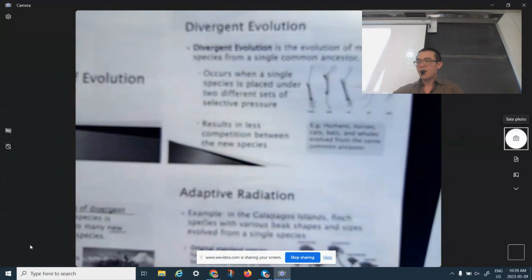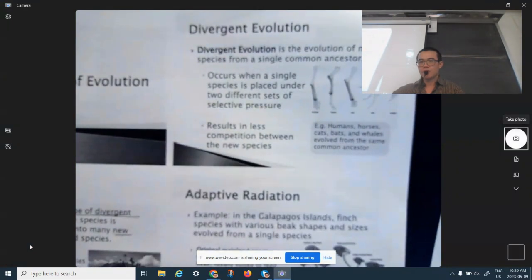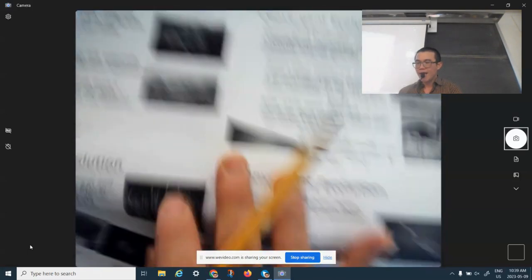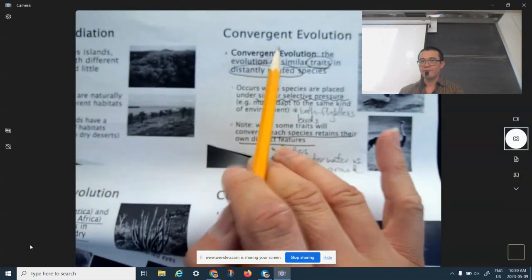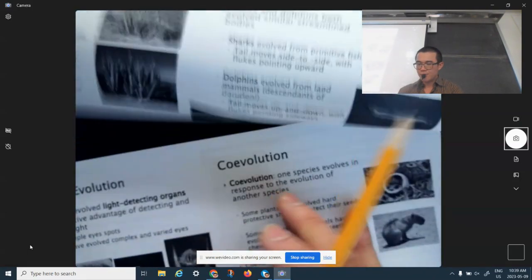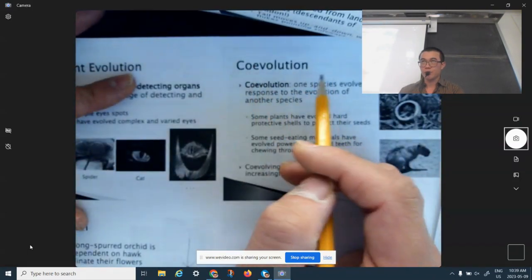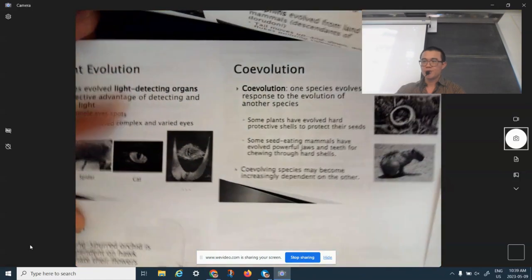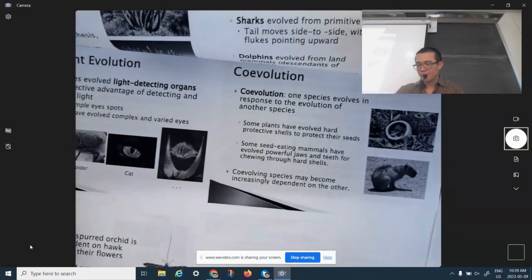If you look at the handout here, with a quick skim, you have divergent evolution, convergent evolution, and something called coevolution. These are the 3 main patterns of evolution that we're going to be talking about today.